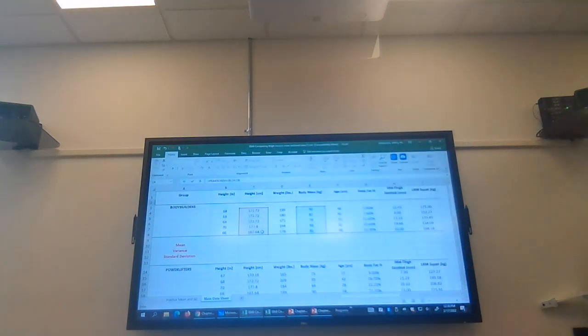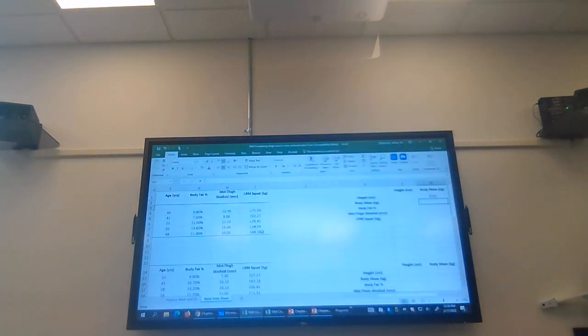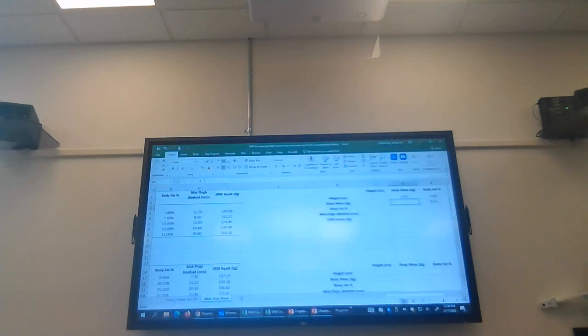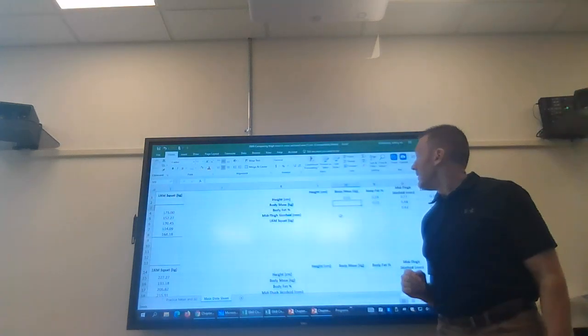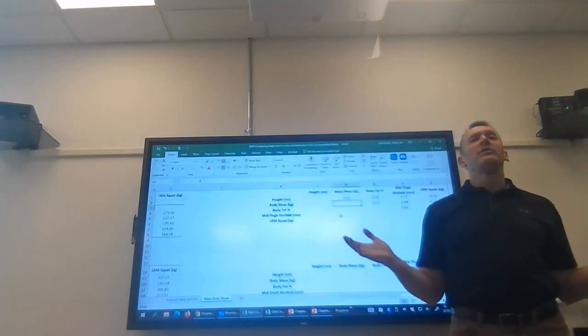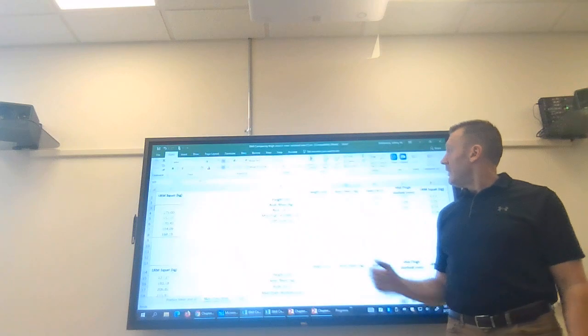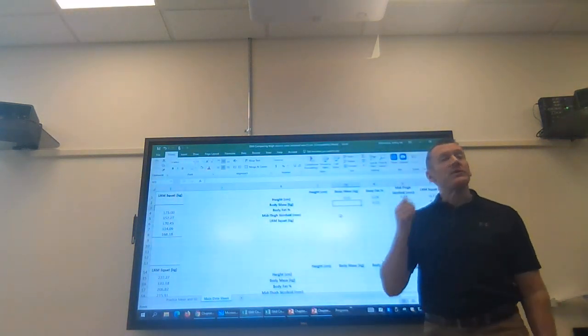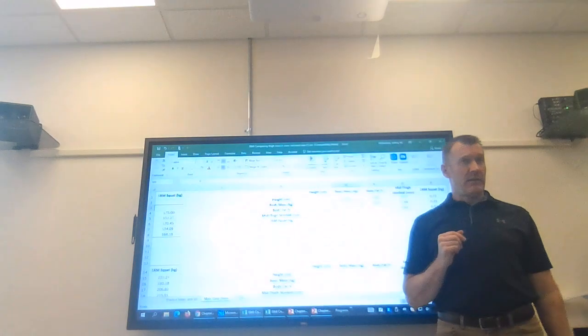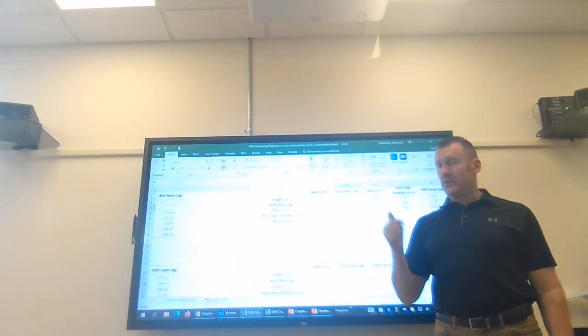Then you can just hit enter, and you can see there it's a correlation. Slightly on the positive side. I wouldn't say super strong, but we can say maybe a trend where as height goes up, what happens to body mass? Yeah, it also goes up.